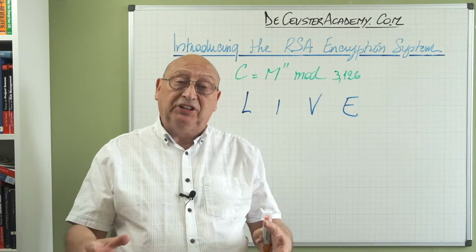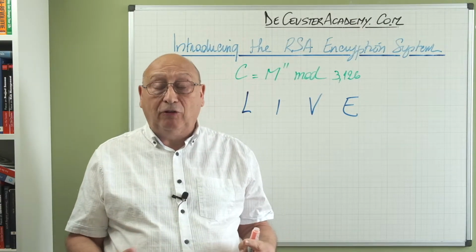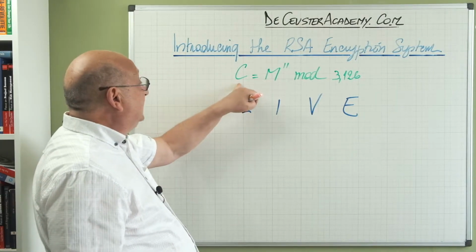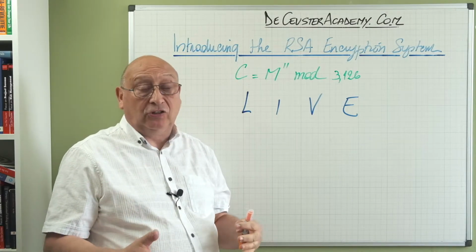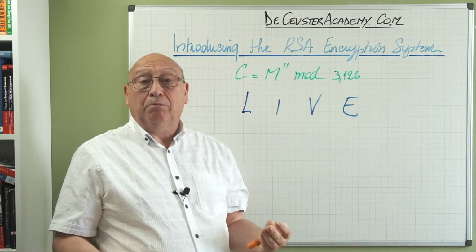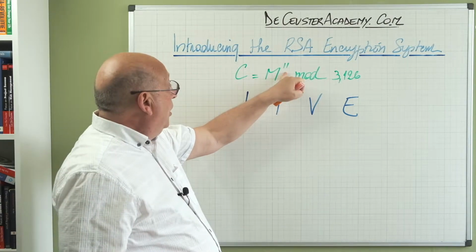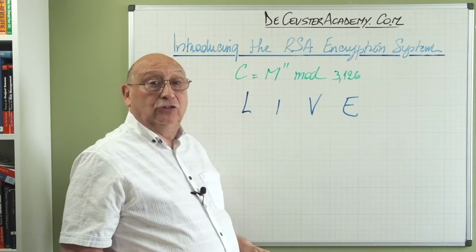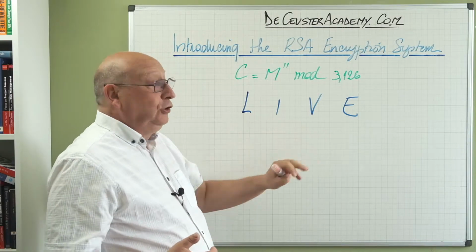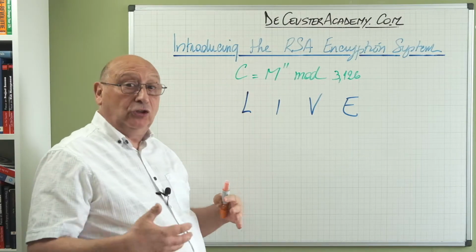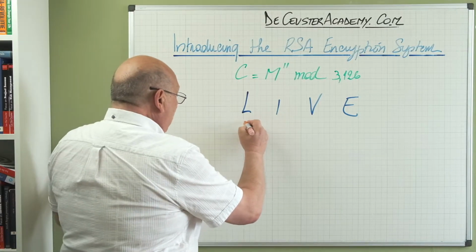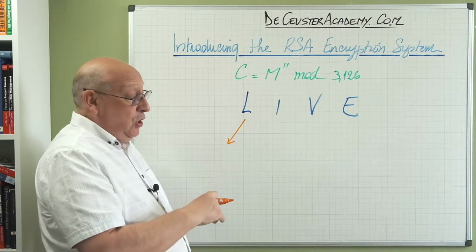Based on the definitions and the selections we made before, we can rewrite the encryption formula, which is C, the encrypted number that we will receive, is M, the number to encrypt, to the power 11 modulus 3127. Now the word we're going to encrypt is the word LIVE. So the first thing we do is to replace these letters by numbers. We did that before.